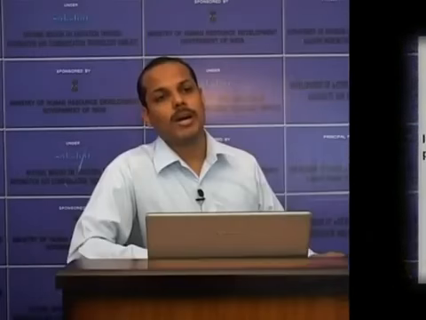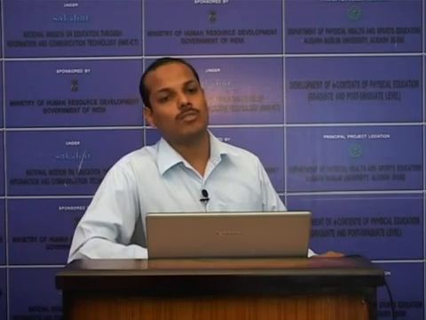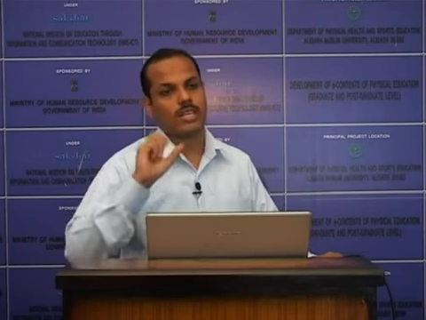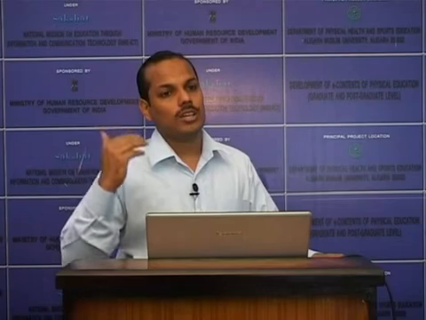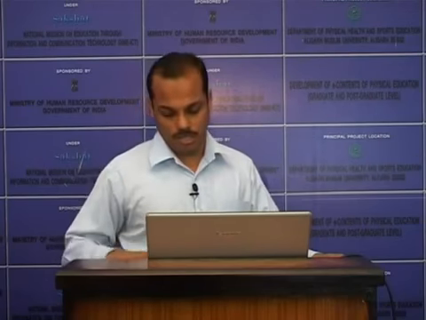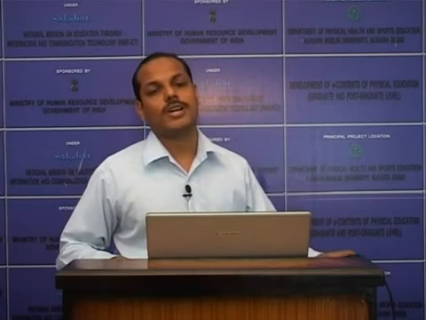Then there are bundle branches. From there are Purkinje fibers which supply all over the ventricles. So, SA node, internodal pathway, AV node, bundle of His, bundle branches and Purkinje fibers, together known as the conducting system of the heart.